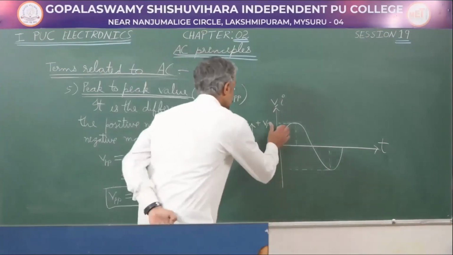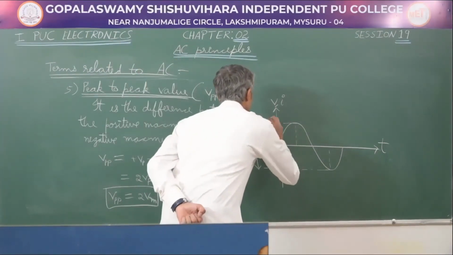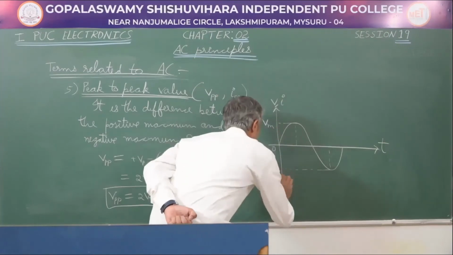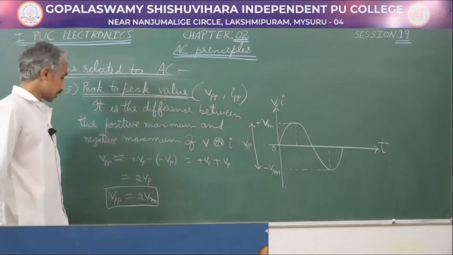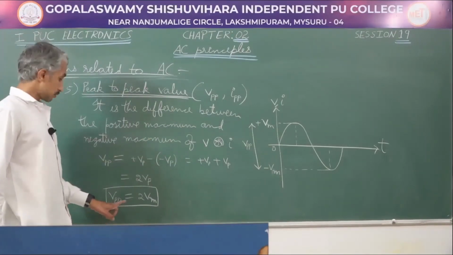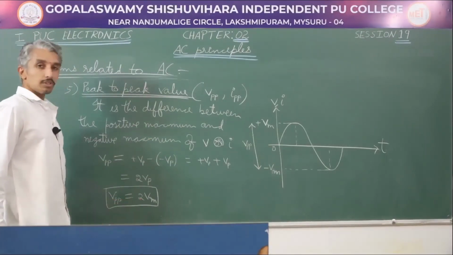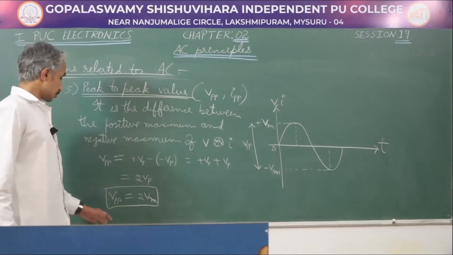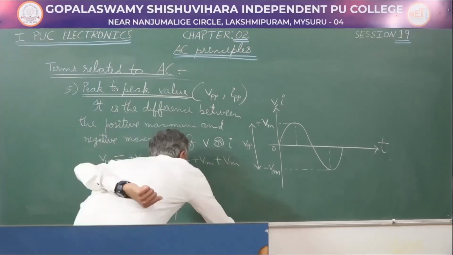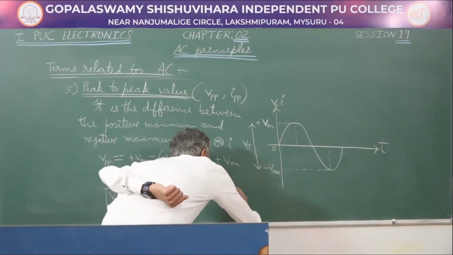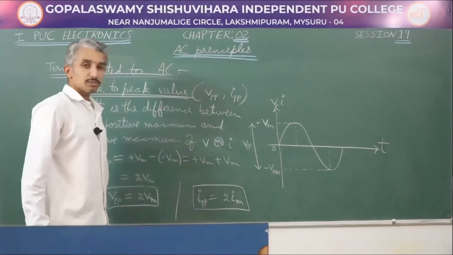We have learnt writing this as plus V maximum and minus V maximum, taking the same notations. This peak to peak value would be 2 times the maximum value. Similarly, the peak to peak value of alternating current can be written as 2 times the maximum value.